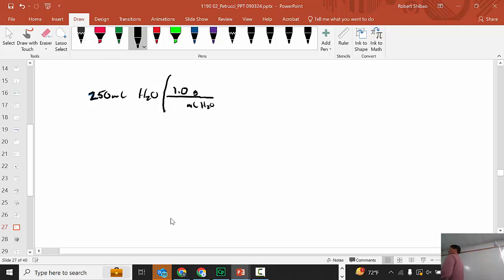If this isn't precise enough, then what would we do? We would look it up in a density table. A density table will have a whole bunch of temperatures and then the density of water.